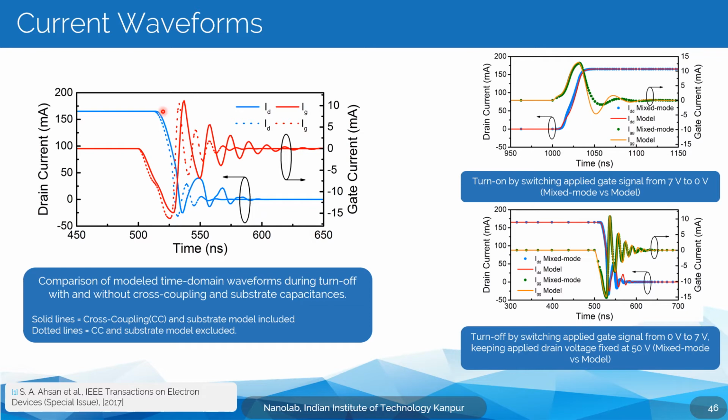So the solid lines denote the results with the cross coupling and substrate capacitance included, and the dotted lines denote the results without the cross coupling and the substrate model. And the effects of that are again very clearly seen in the drain current and the gate current outputs from the mixed mode simulations. As we can clearly see, it very cleanly overlaps with the results from the TCAD.